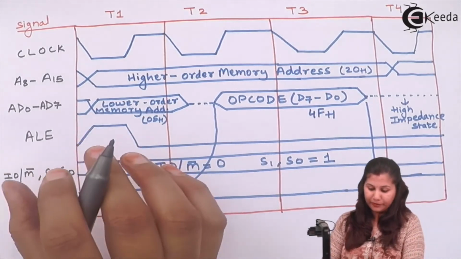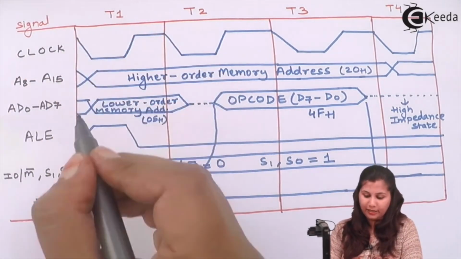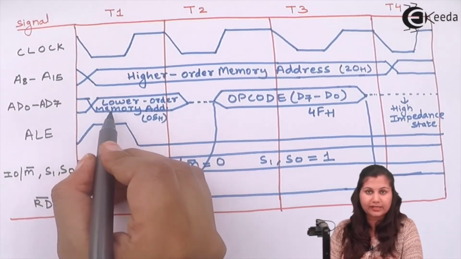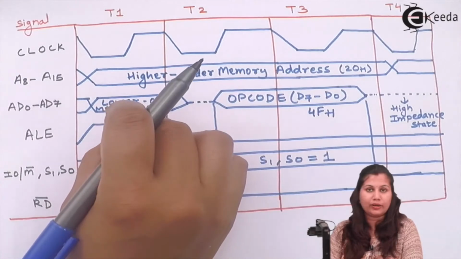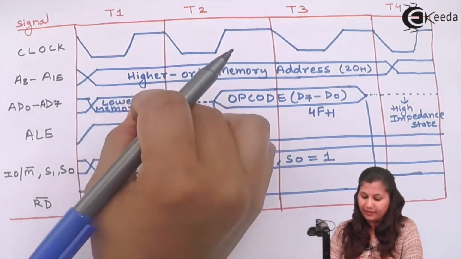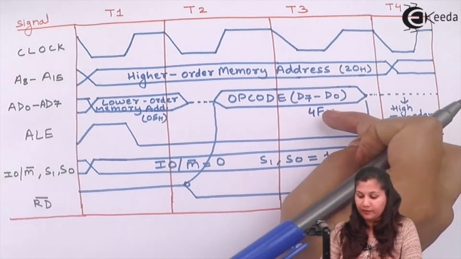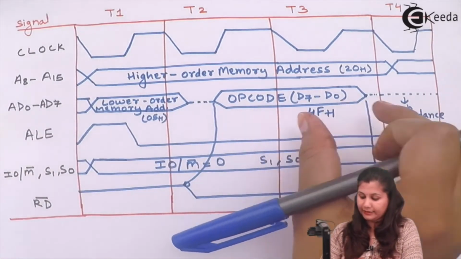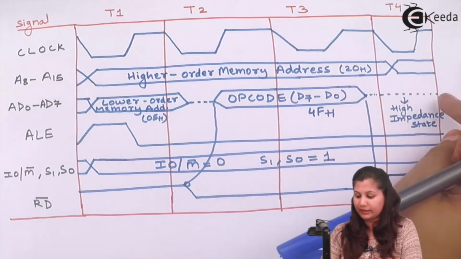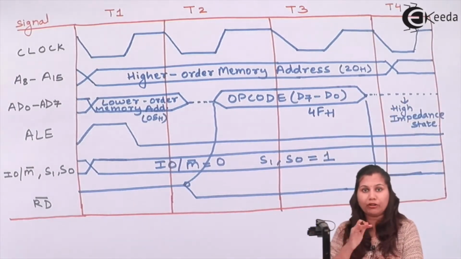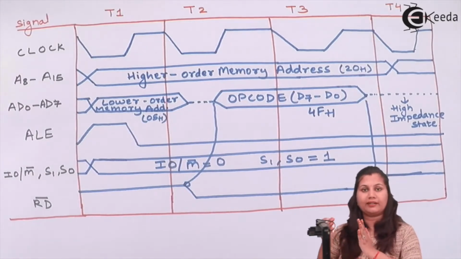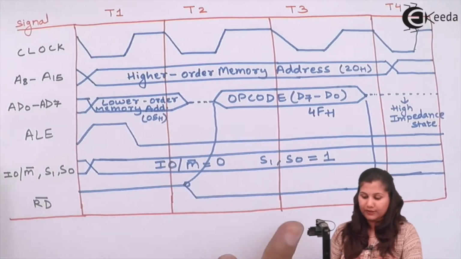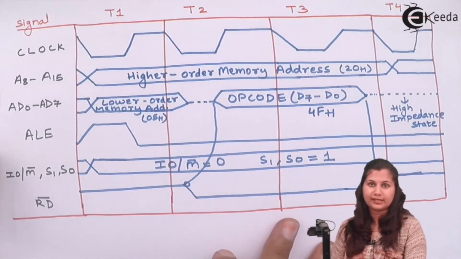In the first T state, when this ALE signal is high, it means the lower order memory address is available. It is going to read 2005H, where this opcode 4FH is written, fetch that opcode, and then that opcode will be decoded and the moving operation will be performed. Then the contents of the accumulator will be copied into the C register. So this was the opcode fetch machine cycle.